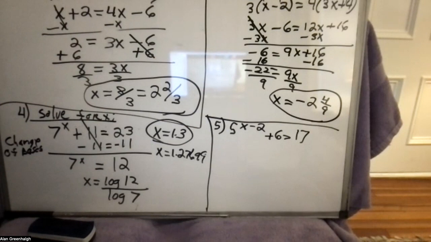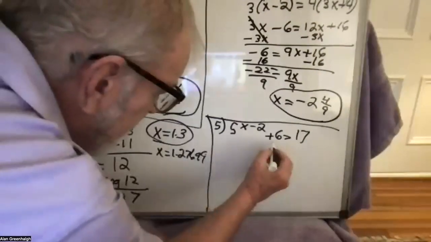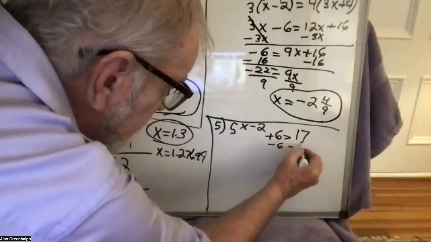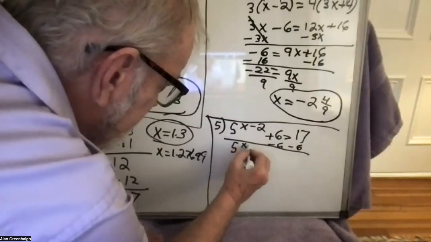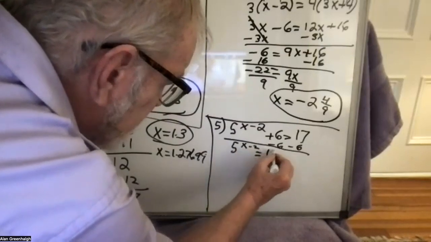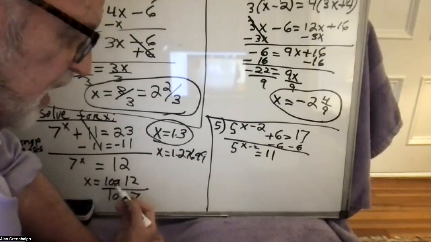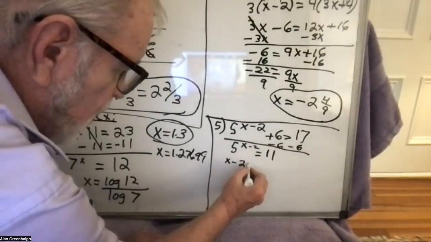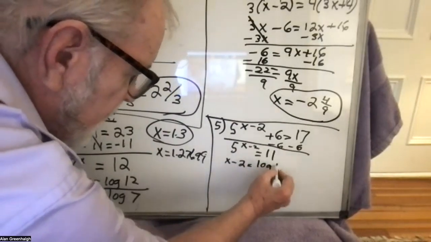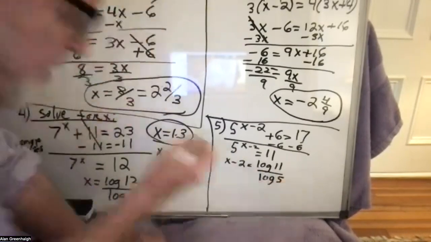And since we're not running out of time, but it's getting kind of close, let me start you off at least. So let's bring over the negative 6. And you get 5 to the x minus 2 equals 11. And now it's a change of base problem. X minus 2 is equal to the log of 11 divided by the log of 5.